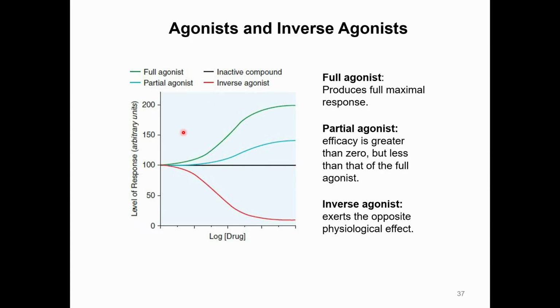Whereas an inverse agonist actually gives you the opposite physiological effect. Okay. And so you've seen these before, and we've talked about how they work. We've talked about competitive antagonists, for instance. You know that they compete for a binding site with an endogenous ligand of some kind. But this is how you can evaluate them using dose response curves.